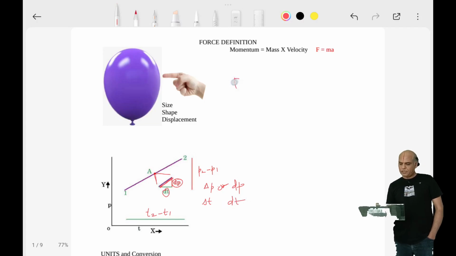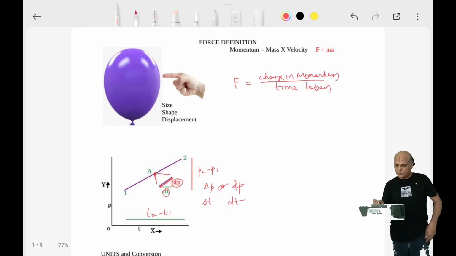So from the definition of force, force is the rate of change of momentum. So it can be written as change in momentum by time taken.